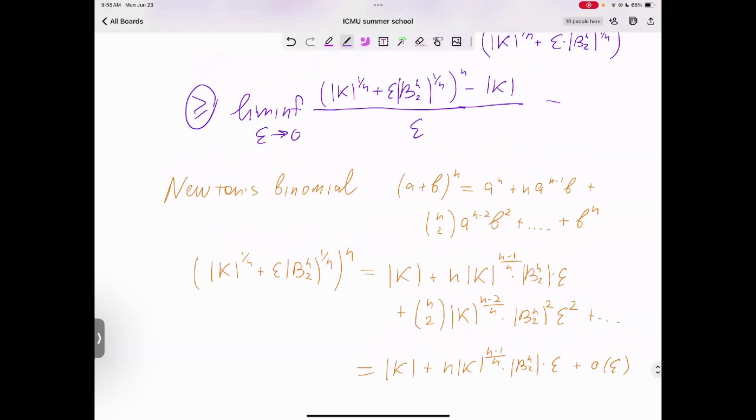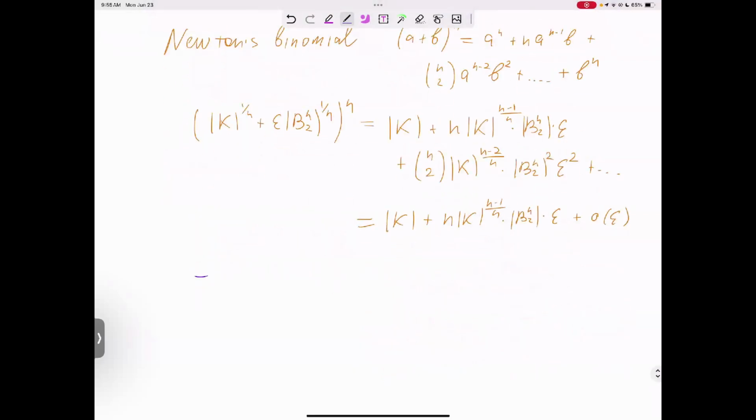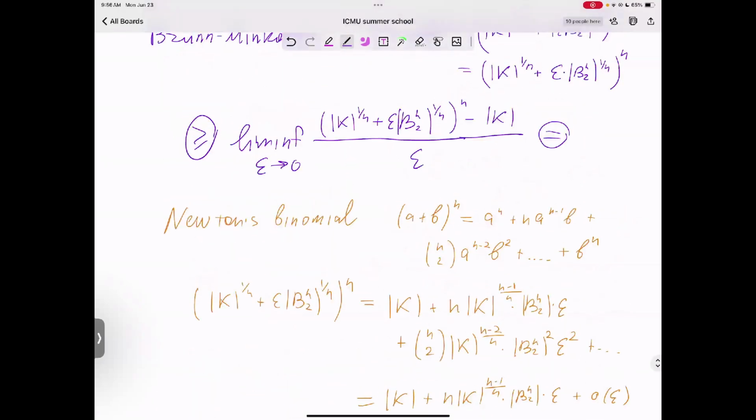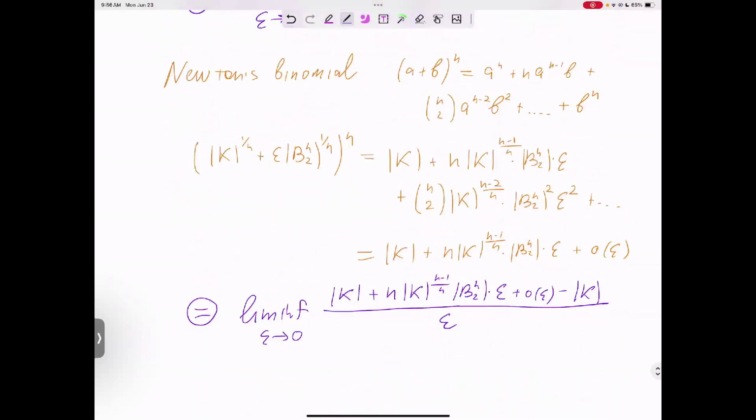And with that in mind, I can continue writing here lim inf when epsilon goes to 0 of volume of K plus n, minus the volume of K over epsilon, right? I'm just repeating this line. Does this make sense?